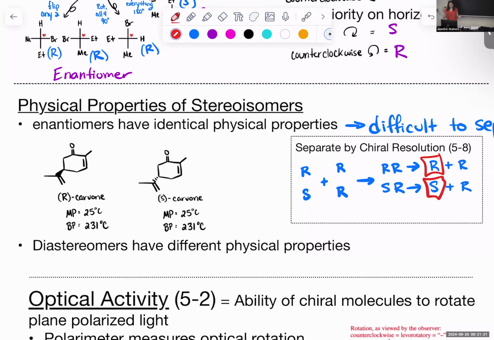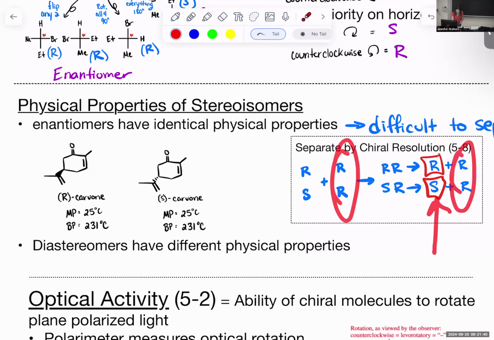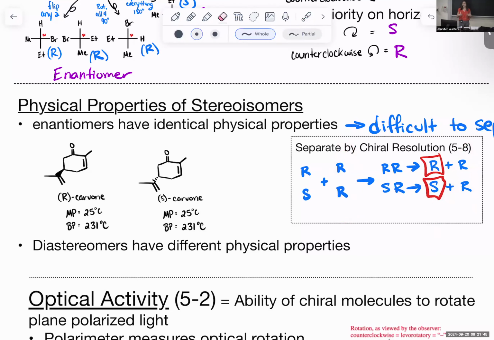So that's the chiral resolution, is to use the fact that the enantiomers have the same physical properties, but diastereomers have different physical properties. So all I'm going to do is take that enantiomer, turn it into a diastereomer, separate it, and then pluck that piece back off. Remove that chiral resolution agent, remove that original piece, so that I can get my pure enantiomers in separate containers. Cool. That's all chiral resolution is. It's just a way of separating our enantiomers because they have the same physical properties.